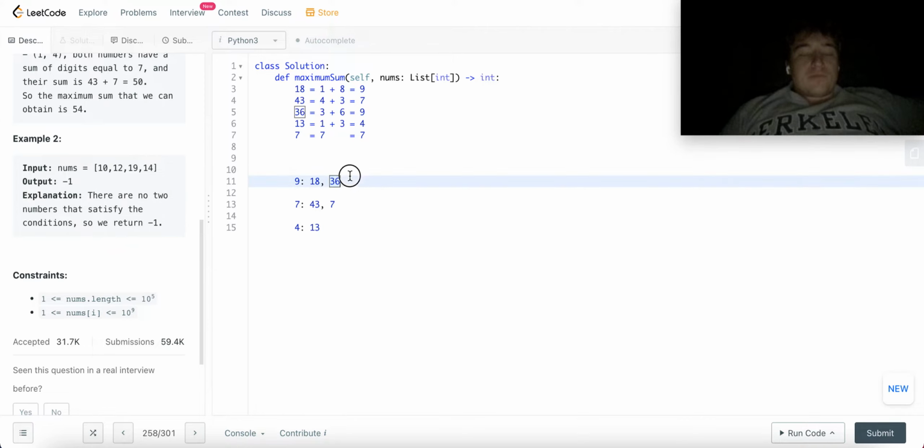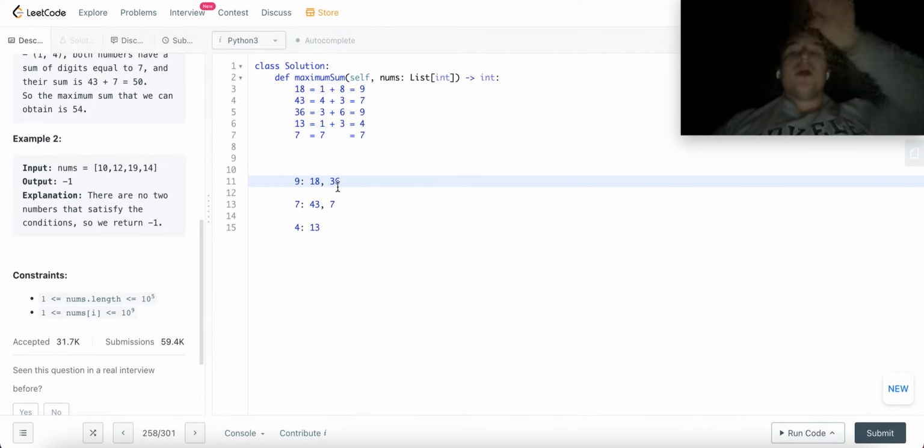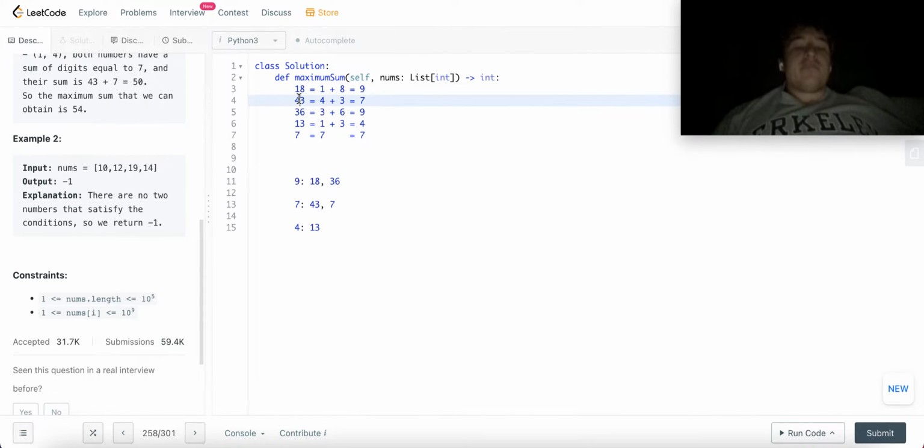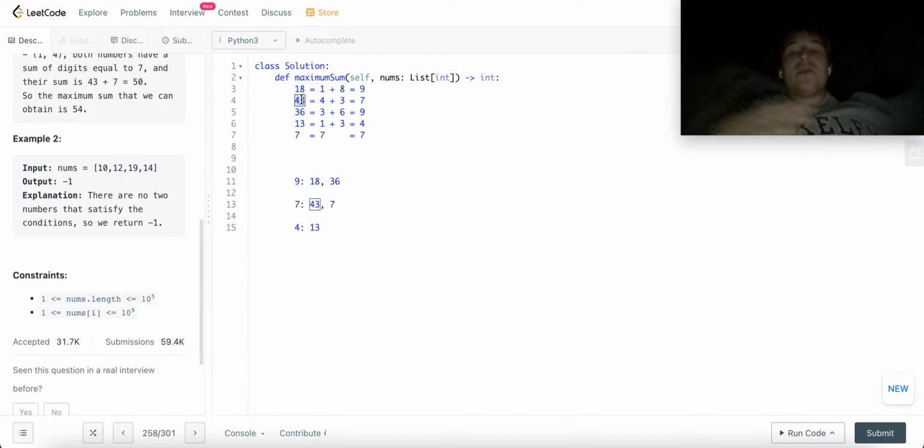So the idea is instead of looking at all pairs, I can just figure out what digit sum each number corresponds to, and then from there I already know what the pairs are that I can check. So I've limited it down to the pairs that I can check. I don't have to compare 18 to 43 because I already know that 18 and 43 don't meet the filtering condition.